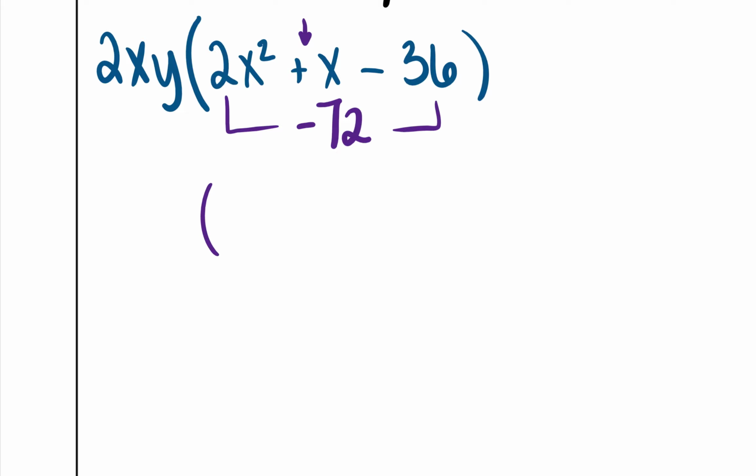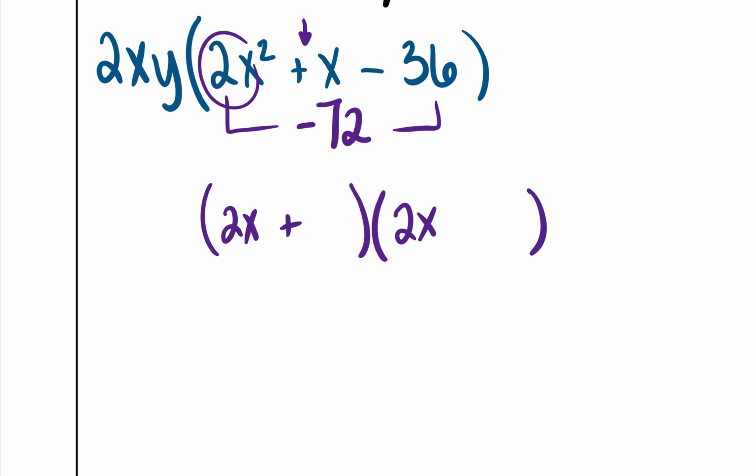So, of course, I have my first x is 2, so I have 2x here. I have 2x here. Okay? So my two terms multiply to negative 72 and add to positive 1. That would be 9 minus 8. 9 minus 8 is 1. 9 times negative 8 is negative 72.